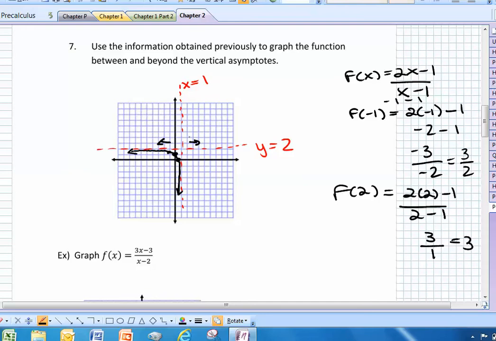So when I put 2 in, I get 3 out, which is right there. So basically, as I saw before, the graph is going to follow the asymptotes like that. And there you go. So there's my graph of 2x minus 1 over x minus 1.